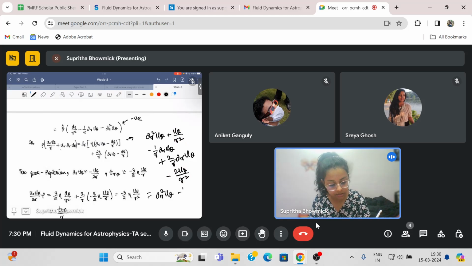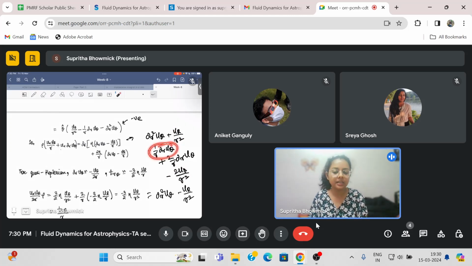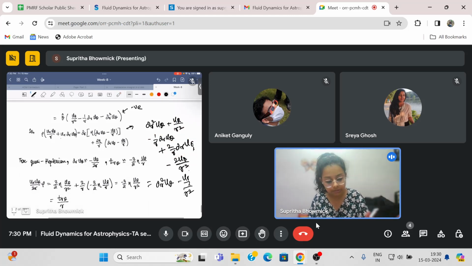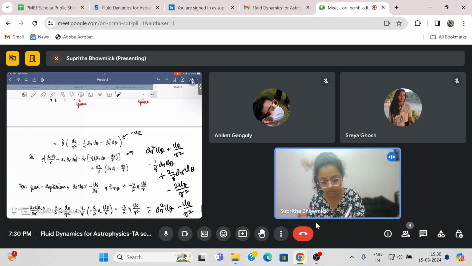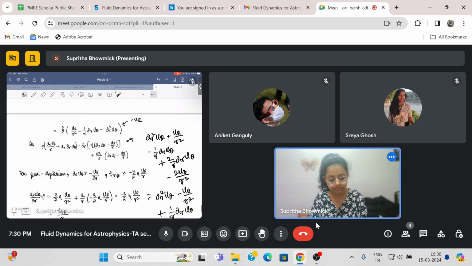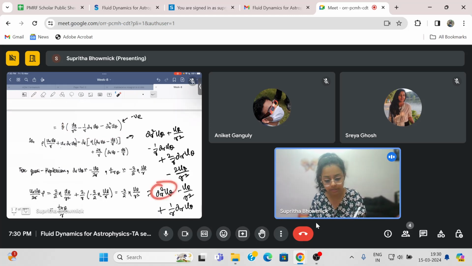So you're left with minus u theta by r square. And there's a minus 1 by r del r u theta. There's 2 by r del r u theta. So you're left with plus 1 by r del r u theta, which is exactly minus of this. You see del r square u theta by r square, 1 by r del r u theta.